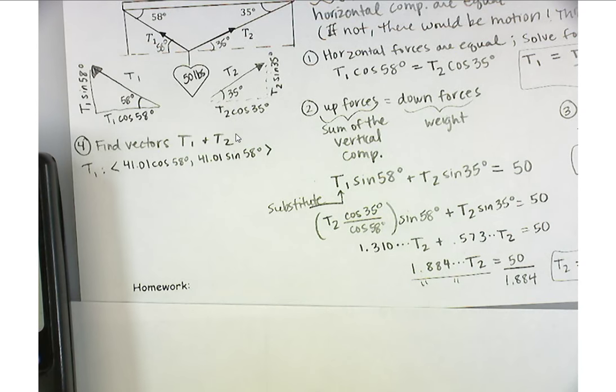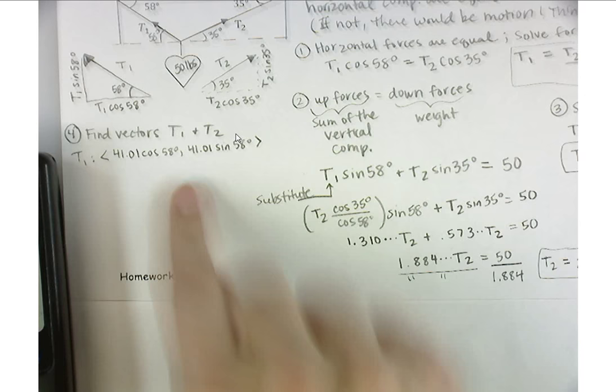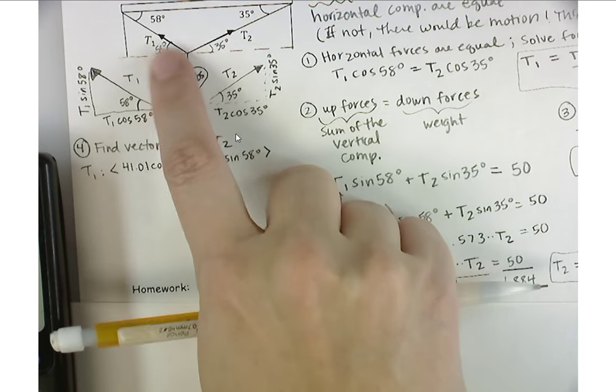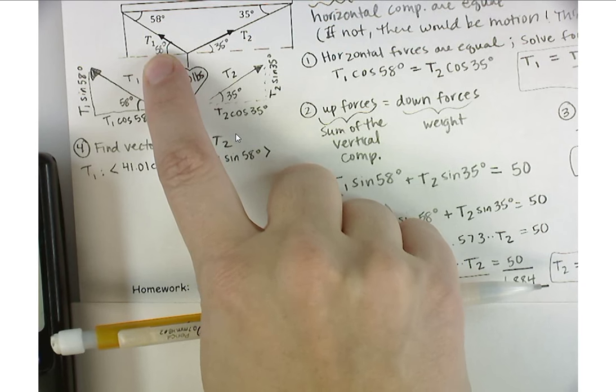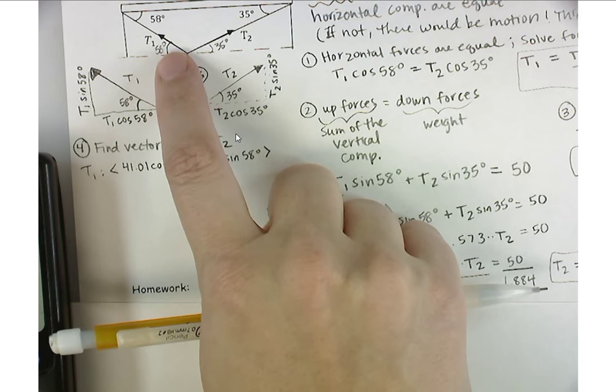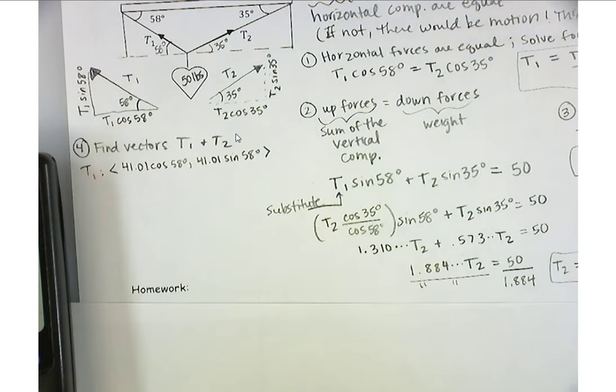from our tension. Okay, and then something else we're going to have to pay attention to is where T sub 1 is going. What quadrant is T sub 1 pointing to? Quadrant 2. In quadrant 2, what do we know about the horizontal and vertical components? What are their signs?